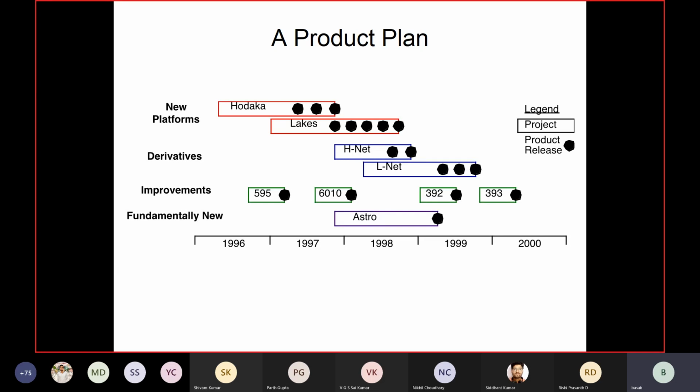Maybe in the Hudaka project, what they aimed was a new digital platform, but here some other features like fax and other things were added in the Lex platform. So when it comes to the derivatives, it means they extend an existing product platform to better address the familiar markets with one or new products.